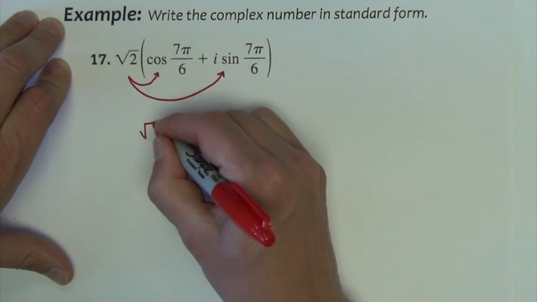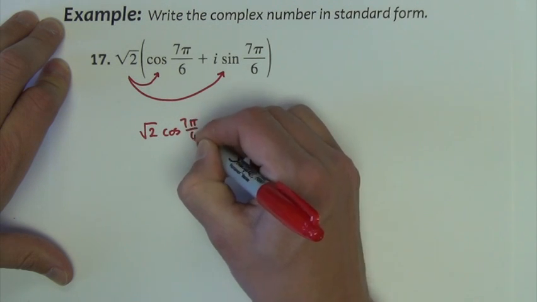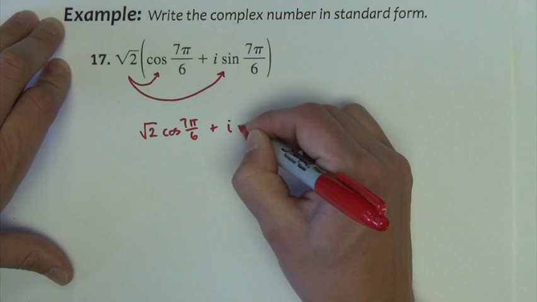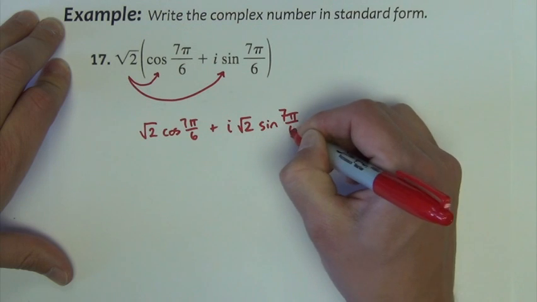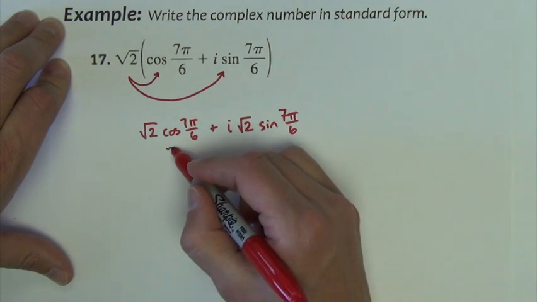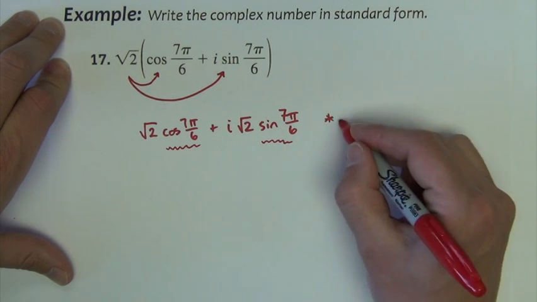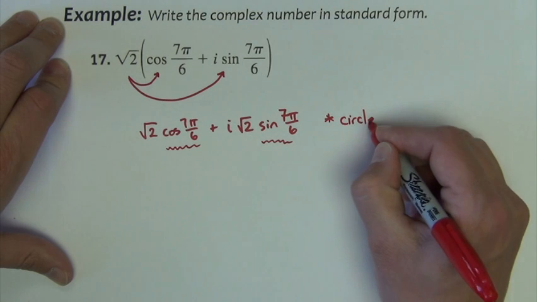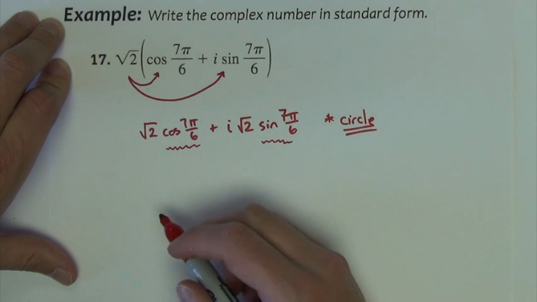So we have square root of 2 cosine 7 pi over 6 plus i square root of 2 sine 7 pi over 6. The cosine of 7 pi over 6 and the sine of 7 pi over 6, you need to use your circle to look up those exact values.